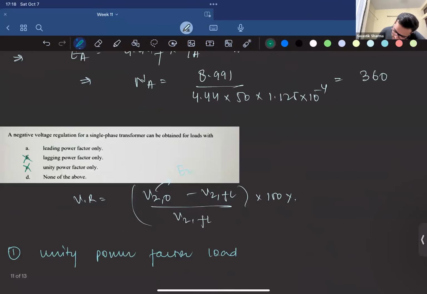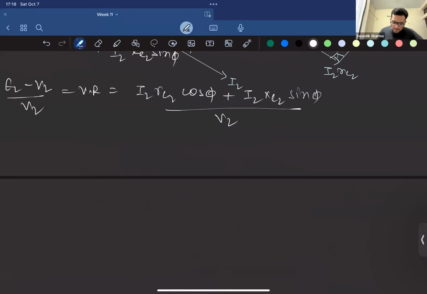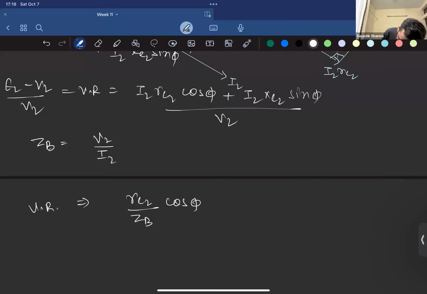One more thing I'd like to discuss is that the base impedance ZB is nothing but V2 upon I2, right? The rated value of voltage and the rated current or the full load current, right? Full load voltage upon full load current. So if I include this here, it would be RE2 upon ZB cos phi plus XE2 upon ZB sin phi.